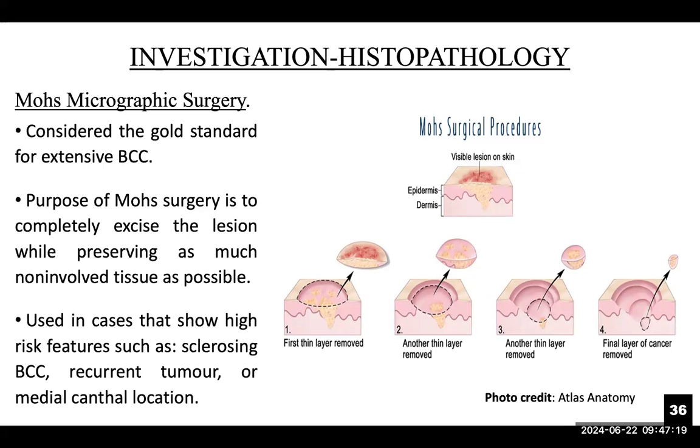The surgeon excises the tumor and then labels it, tags it, and then passes it on to the histopathologist. So for any part of the lesion that still shows malignant cells, the information is relayed to the surgeon, who then goes back to that particular area to take out a thin slice of the tissue, and then it is re-examined again, and the results are relayed back to the surgeon.